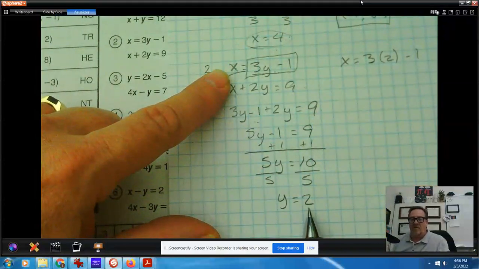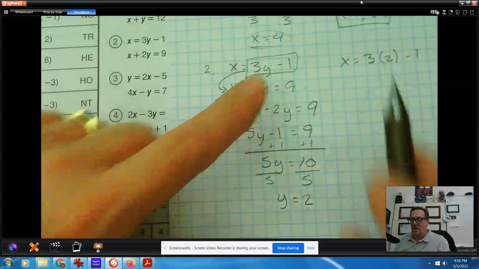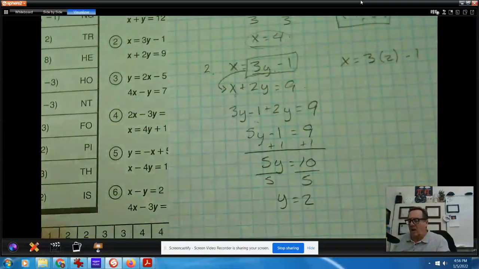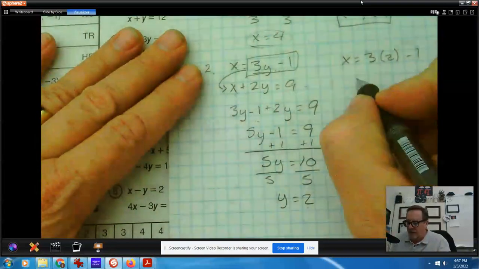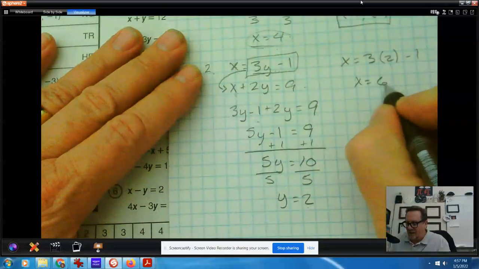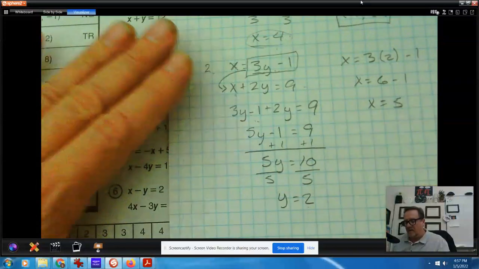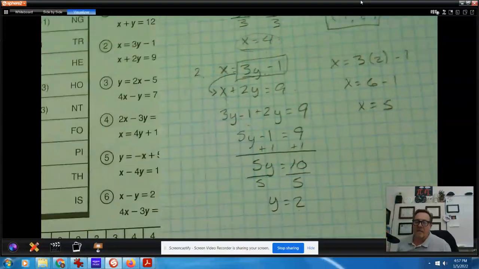Where'd the 2 come from? That's what y is. Y was 2, so I replaced my y with 2, or I substituted in my 2 for my y. Now we'll just do the math. X is equal to 3 times 2 is 6 minus 1, so x is equal to 5. Okay?